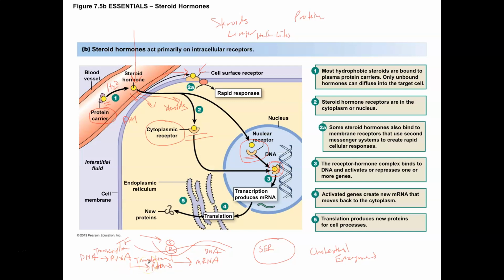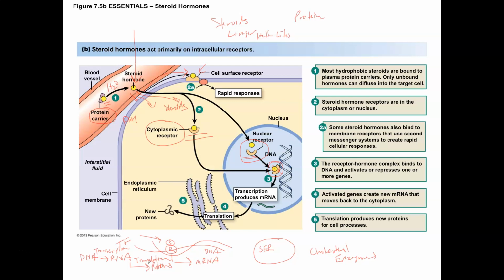So steroids with their receptors are actually acting as transcriptional factors. And this really is, if you think about it, the secret of life. This is how we can activate our genes in order to produce proteins. We need transcriptional factors, and it turns out that steroids are an example of transcriptional factors.